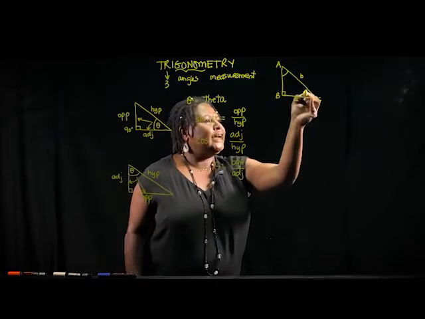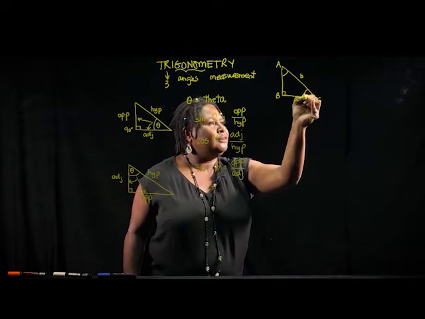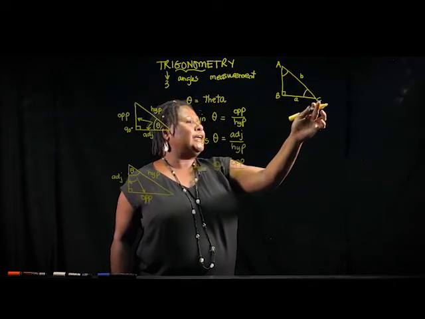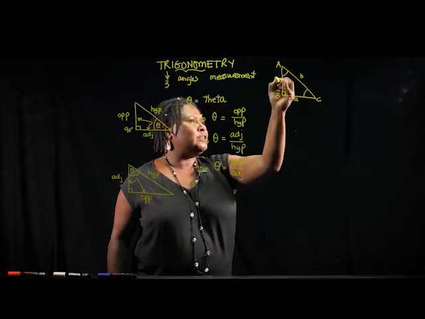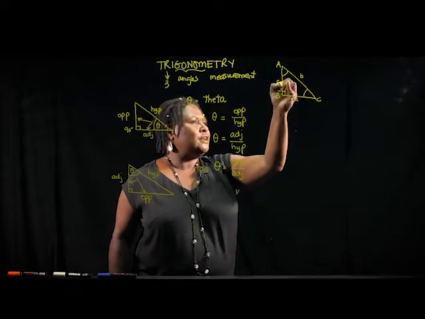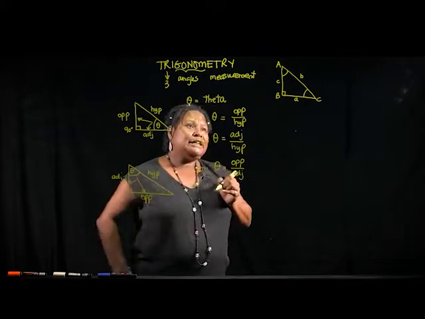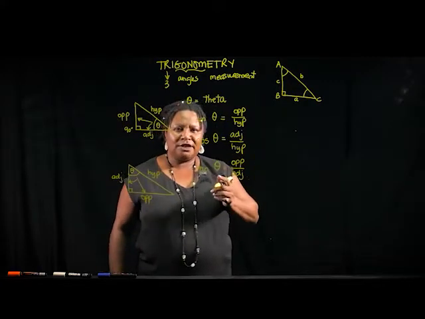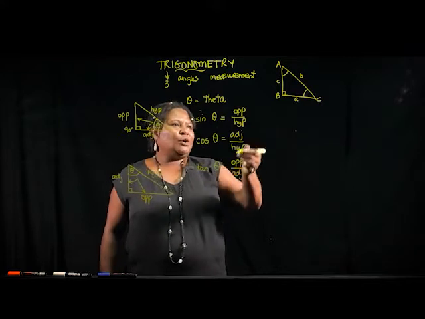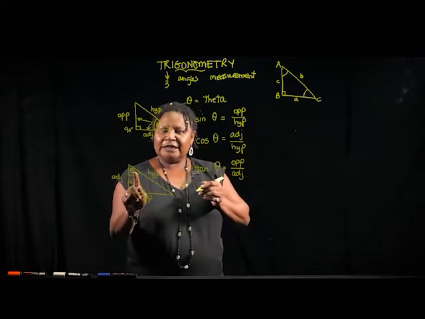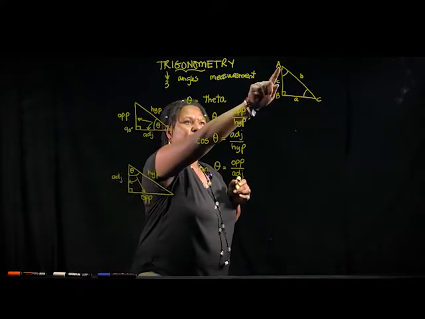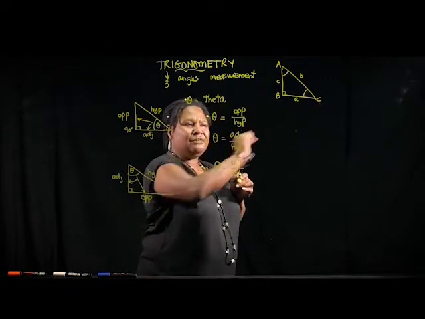And angle C here, the side opposite angle C is small letter c. So in this case, where the triangle is already named, we do not use theta. We use the angle that is already given here.